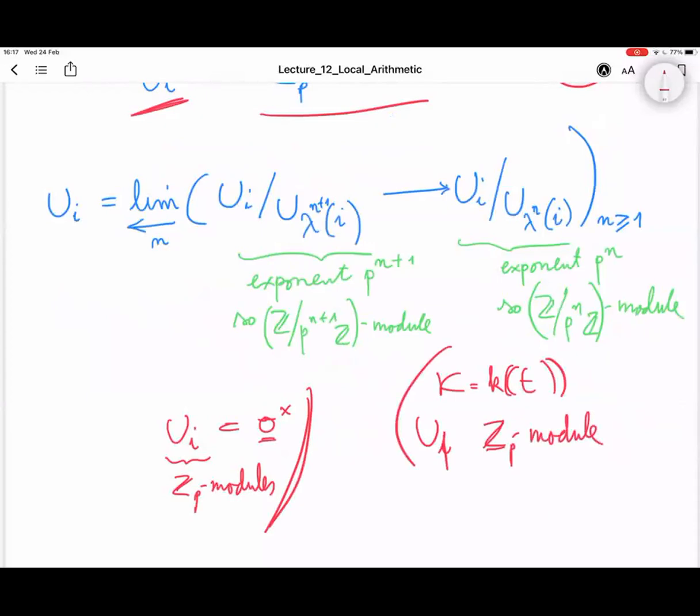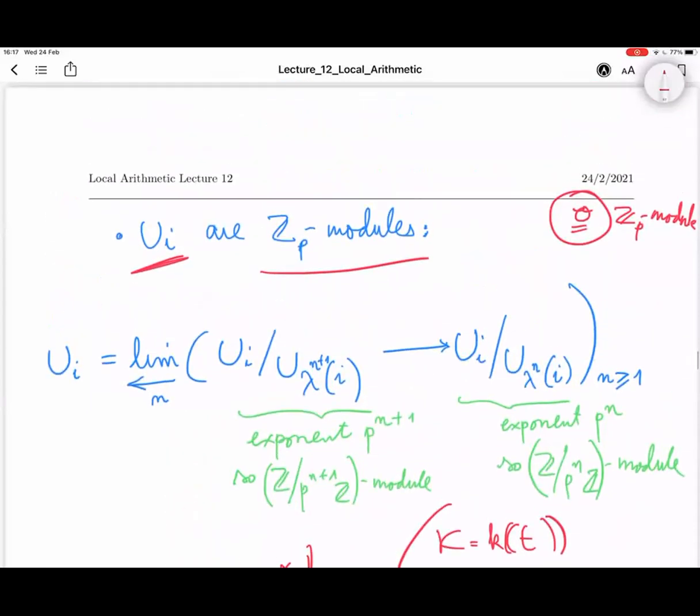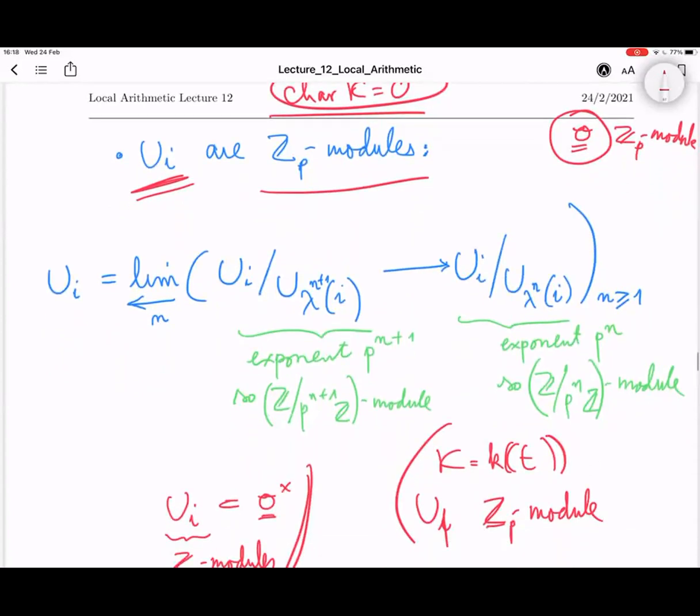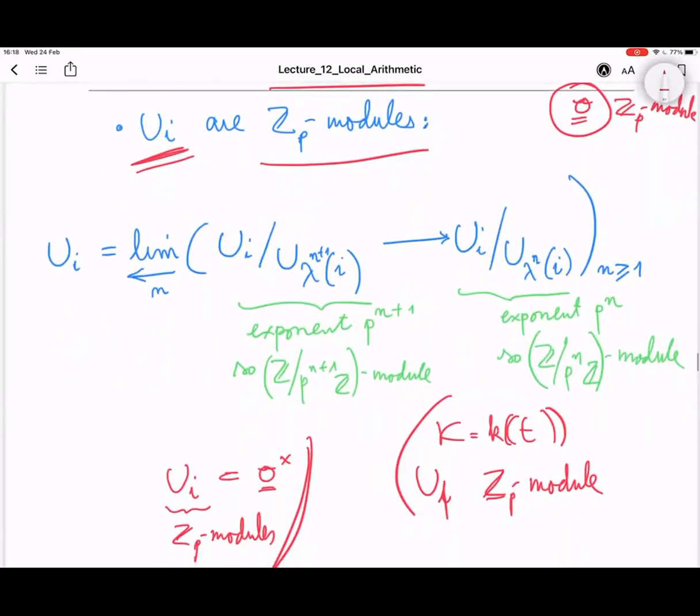Okay, so here's the general situation. It's the characteristic zero case of the thing which we had done earlier. That's the hypothesis, characteristic of K equals 0, under which we are working. And we are saying that U_i are Z_p modules even in this case. Why is that? Because each U_i is the inverse limit over n of these things.